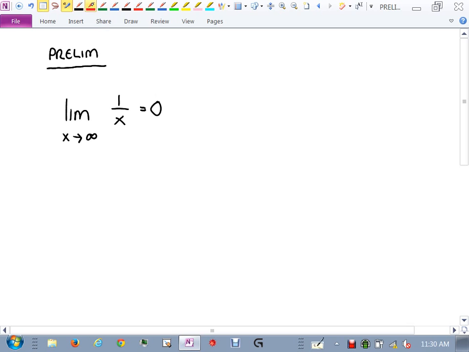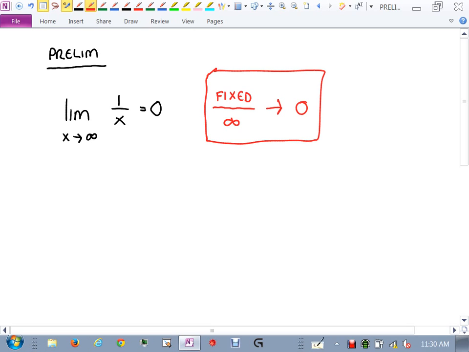But the idea here is that your numerator is fixed and your denominator is going to infinity. And any time that we have that, this goes to 0, right? So please understand that when I write fixed, I mean the number's not moving, okay? The number 1 is just 1, it's not changing. When I say infinity, infinity is not a number.